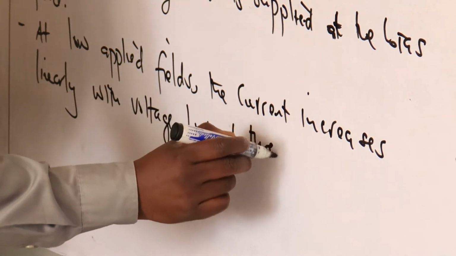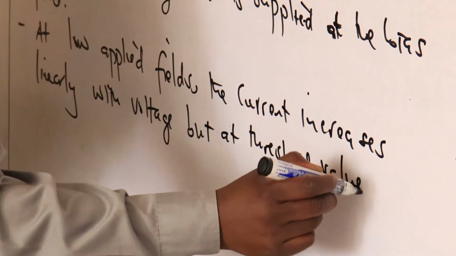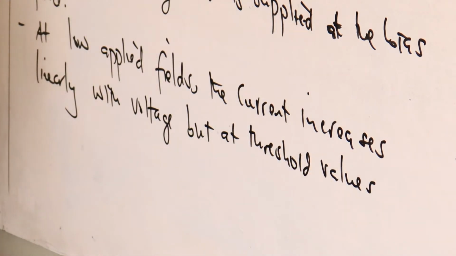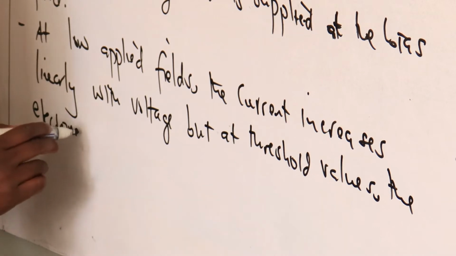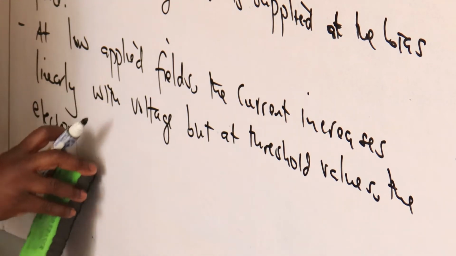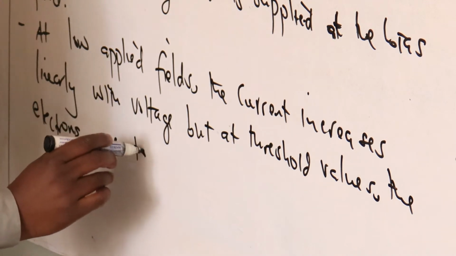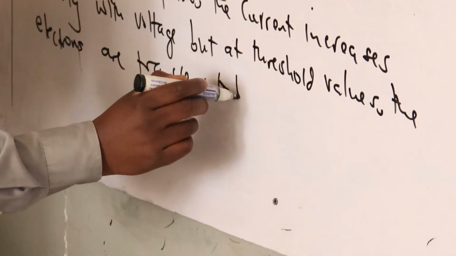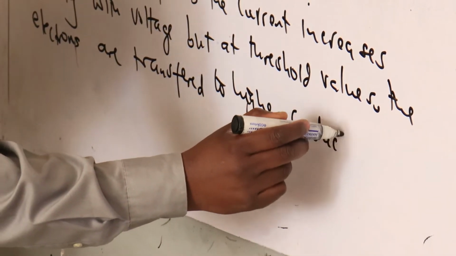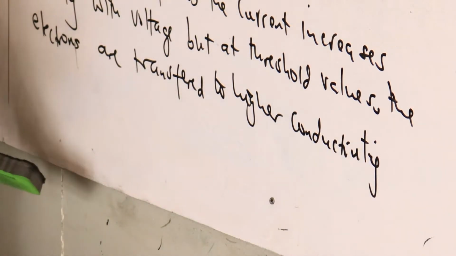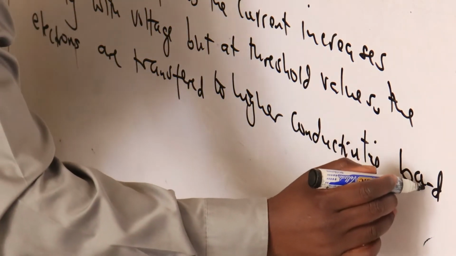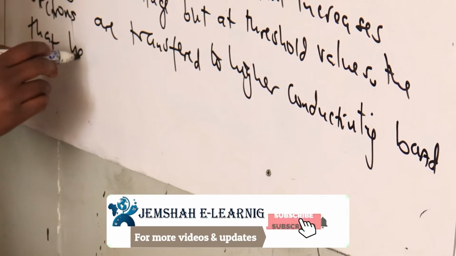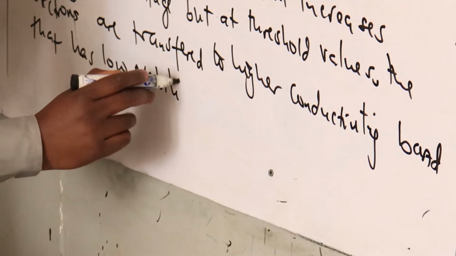But at threshold values, the electrons are transferred to a higher conductivity band, a band that has low mobility.